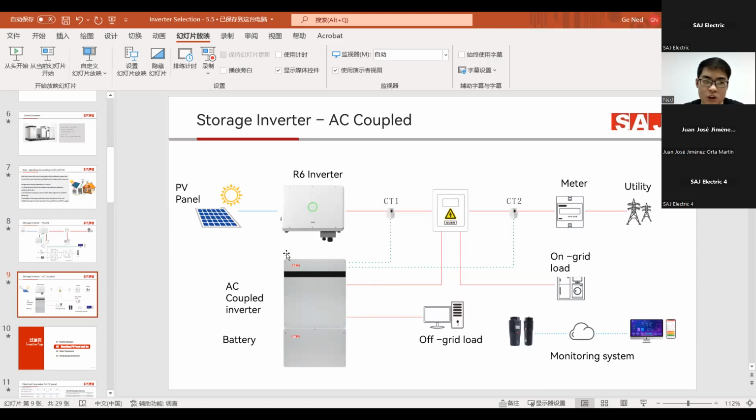It also can work like the hybrid inverter. But when the grid system goes down, the grid-tied inverter also goes down, but the AC coupled inverter can still work to energize the off-grid load.